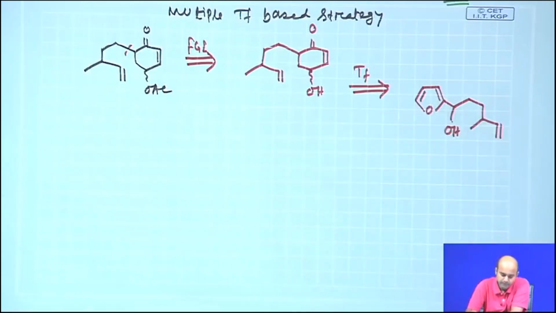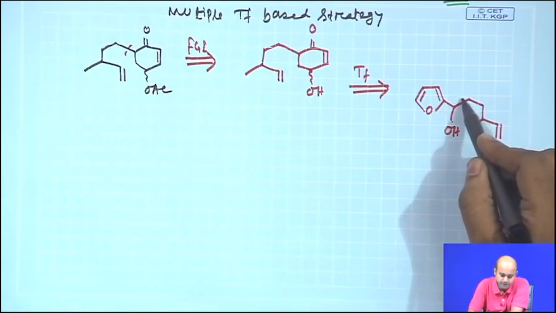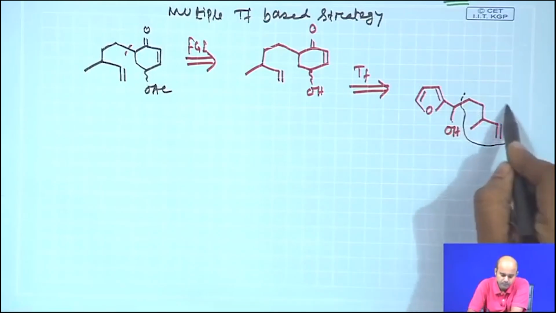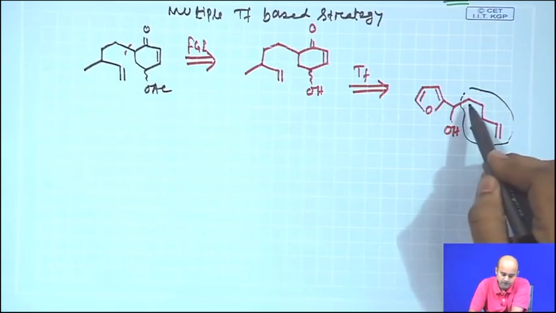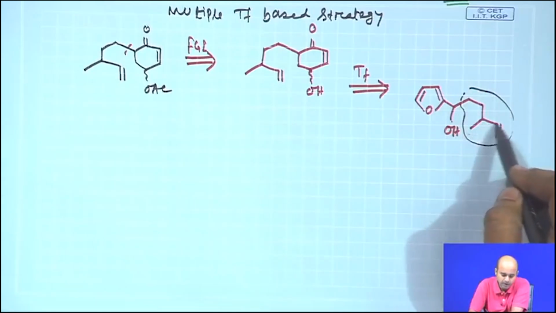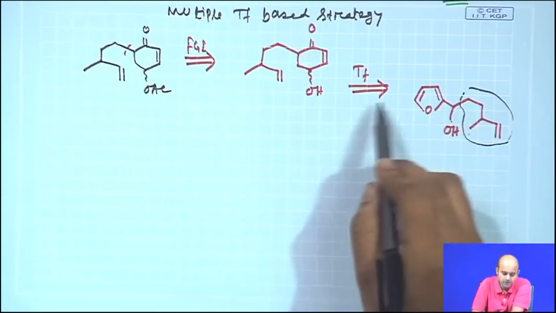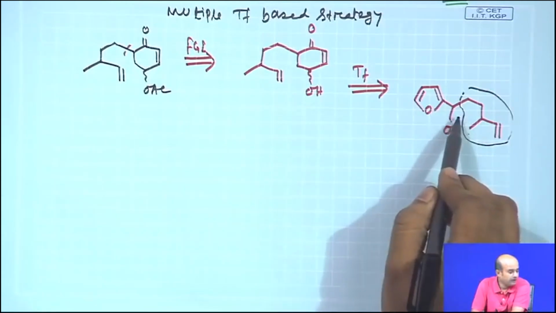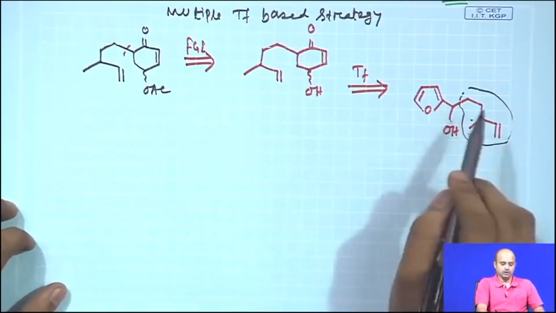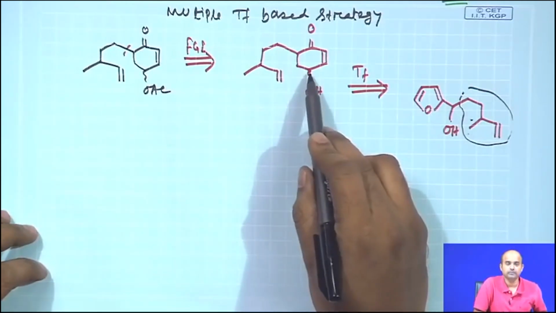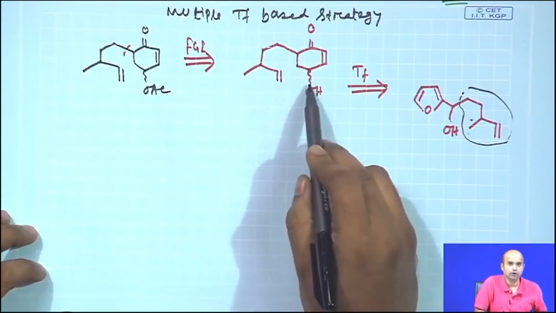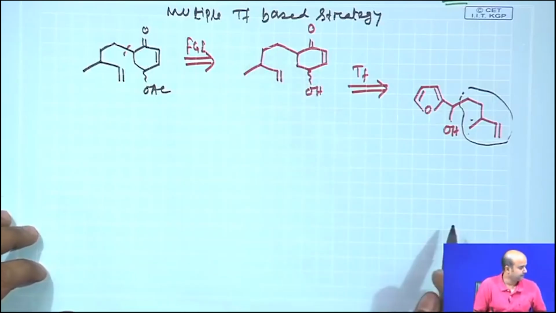Now, if you see the appendages, this particular appendage remains similar, which is basically CH2 having a methyl, having a vinyl. So, you need some transformation which converts this furyl carbinol to this 6-member lactone with a hydroxy group, and the appendage remains the same.